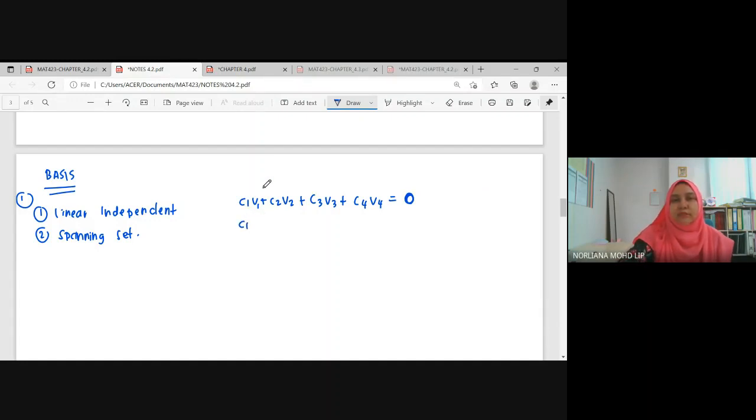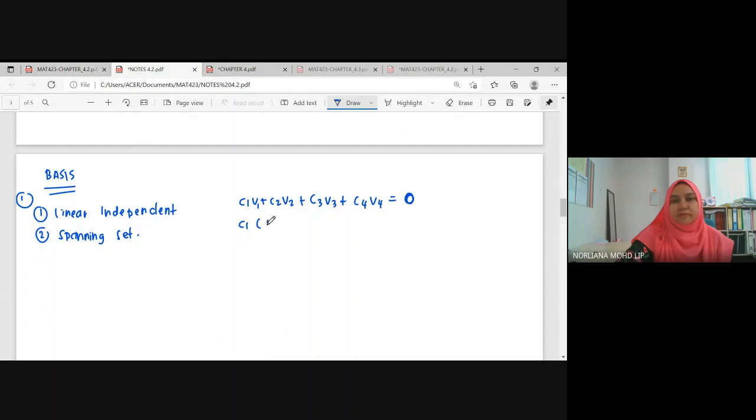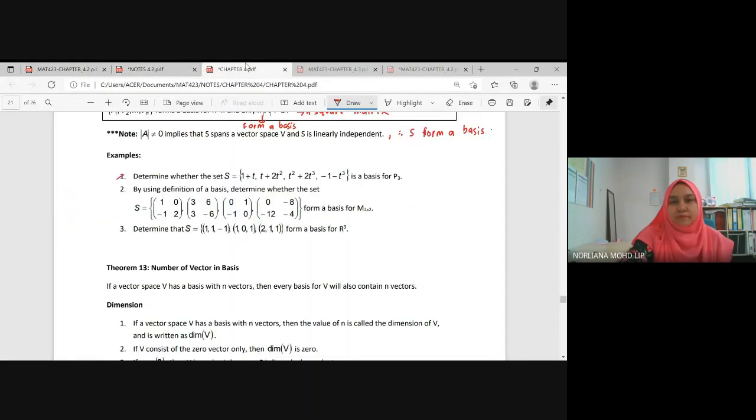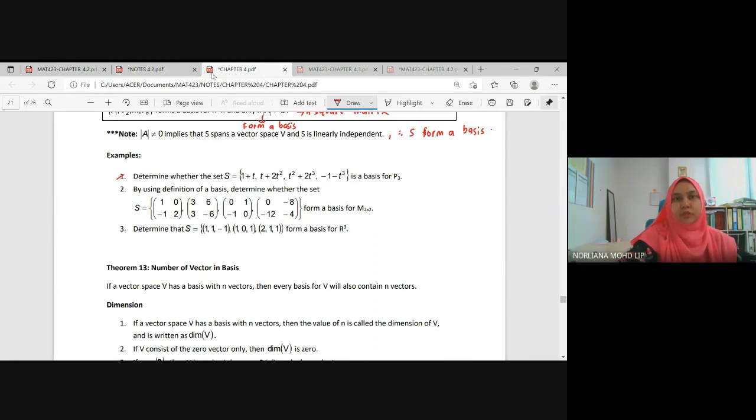Masukkanlah c1, v1 dia 1 plus t, plus c2 t plus 2t square, c3 t square plus 2t cube, c4 negative 1 minus t cube.